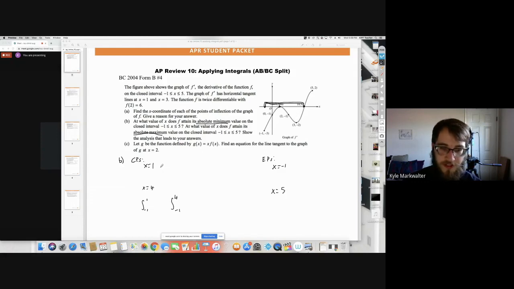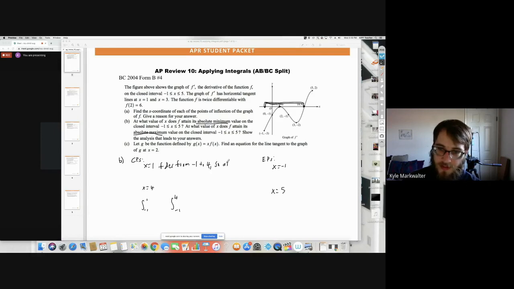So what we can say is, and we know this because the derivative graph is below the x-axis, the derivative graph is below the x-axis means the original graph is decreasing. So f is just decreasing this whole time as I run along this graph until this spot right here. I'm just going to write that down. I'm going to say f decreases from -1 to 4.